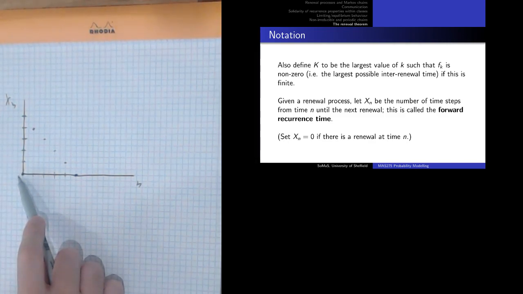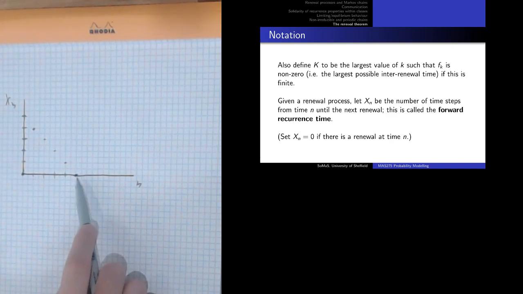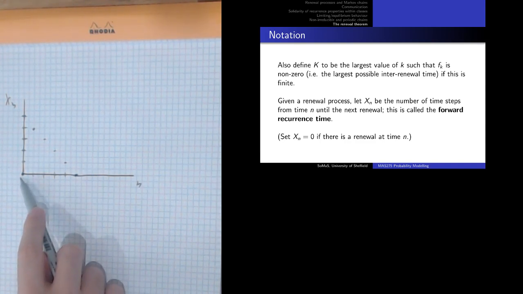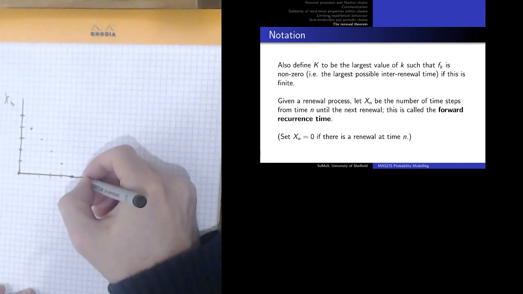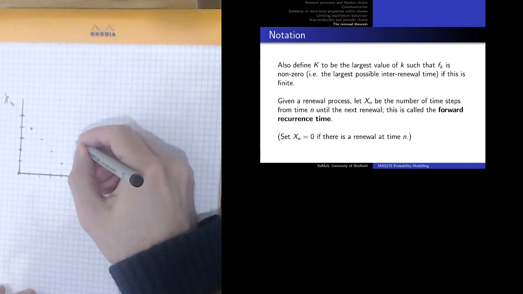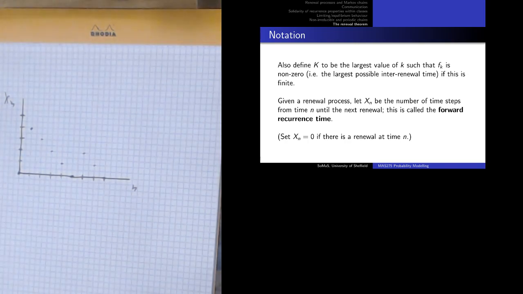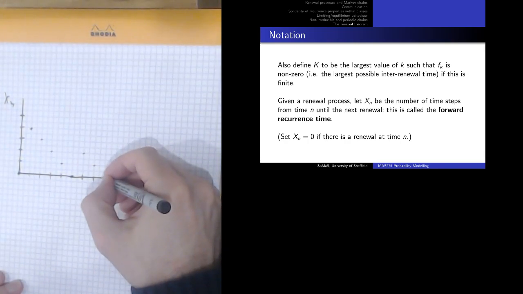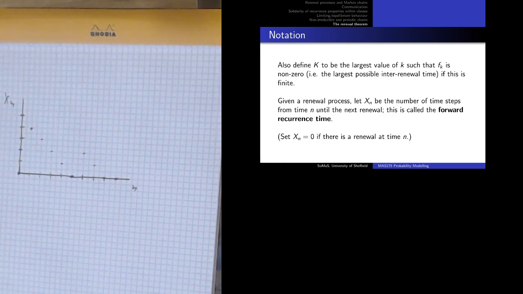Then we need to wait 3, then we need to wait 2, then we need to wait 1, then we need to wait 0. So we've reached our first renewal. This one didn't really count. And now a new random variable will get selected. Maybe this one was 3. I'm going to jump to 2 here and then go back down. And then again, there's a new renewal. Maybe this time we chose a renewal time of 1, in which case I go back to 0 immediately.